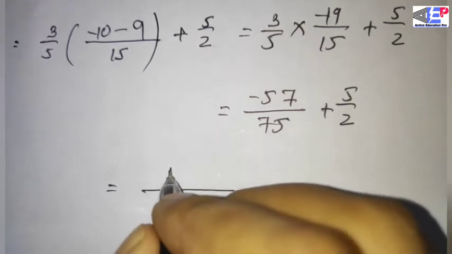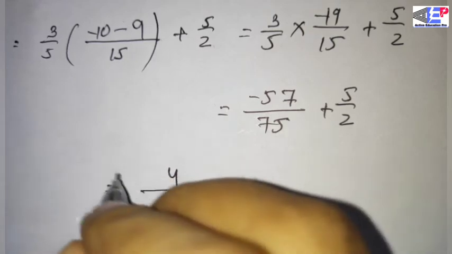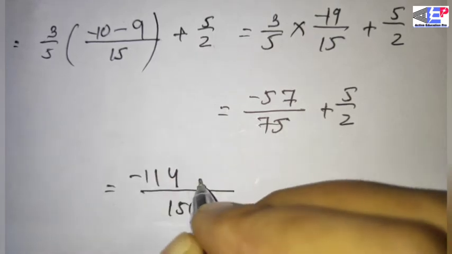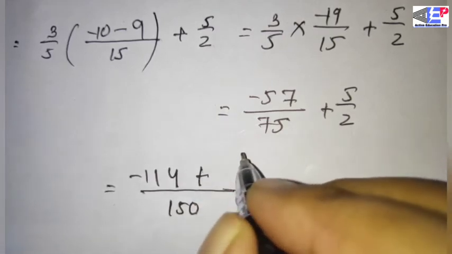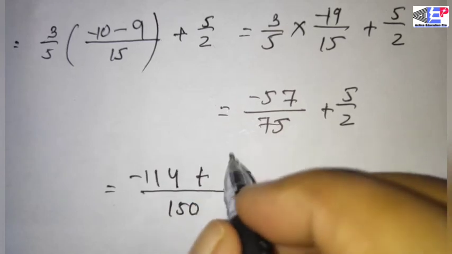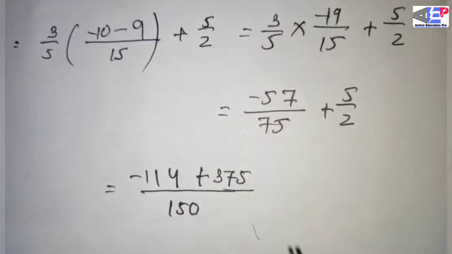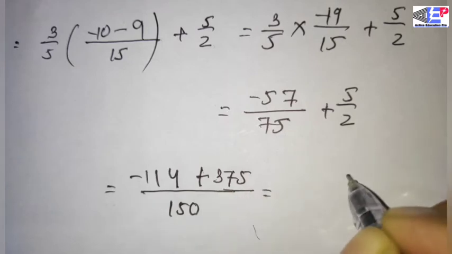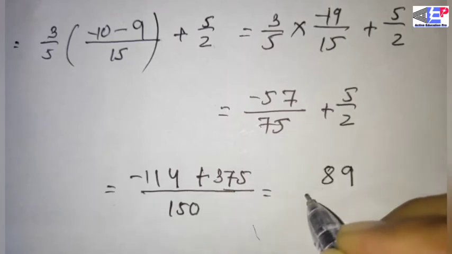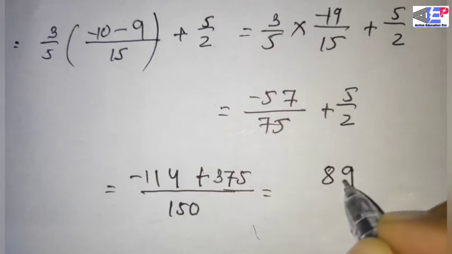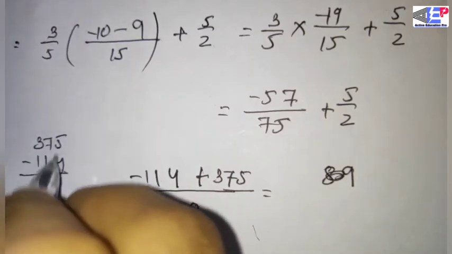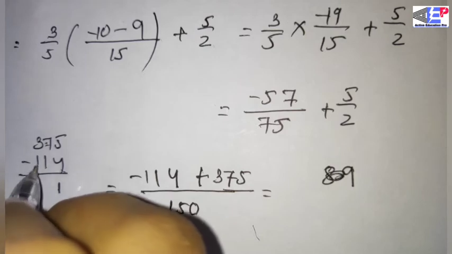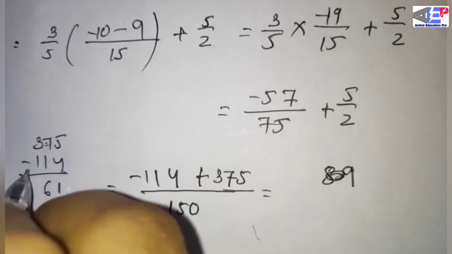Then the LCM is 150, giving plus 375 and minus 114. 375 minus 114 is 261.